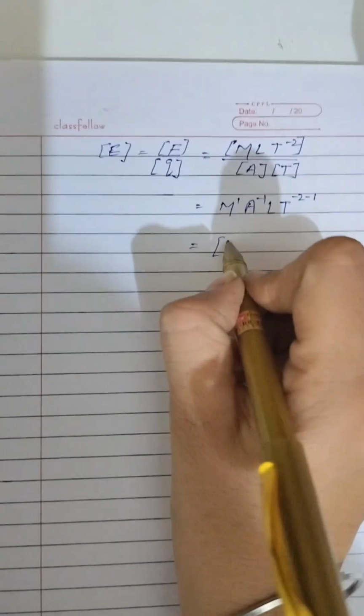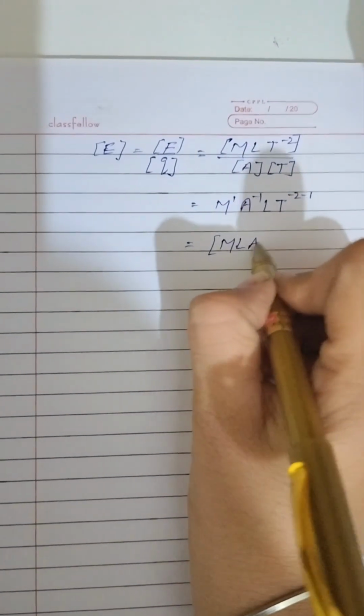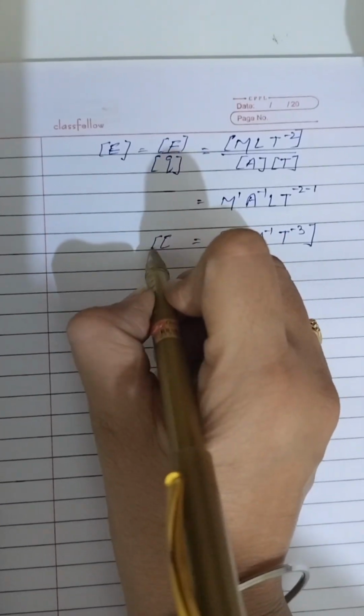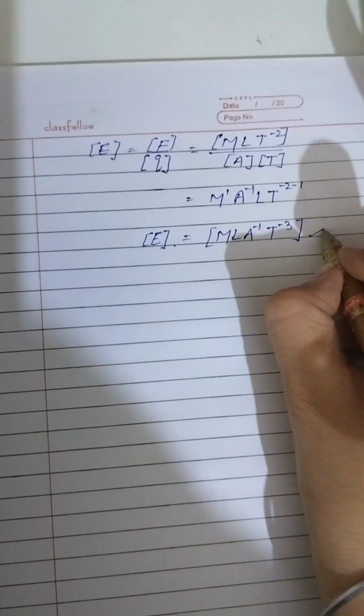So the result is M L A minus 1 T minus 3. This is the value of electric field.